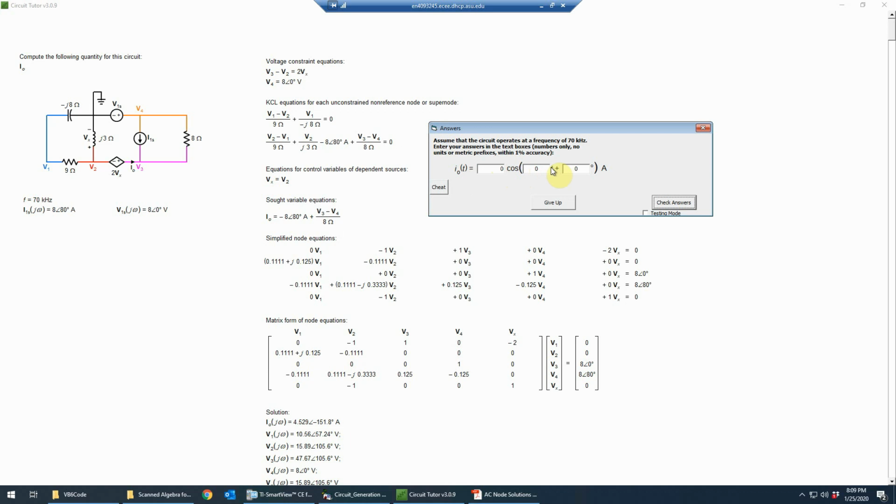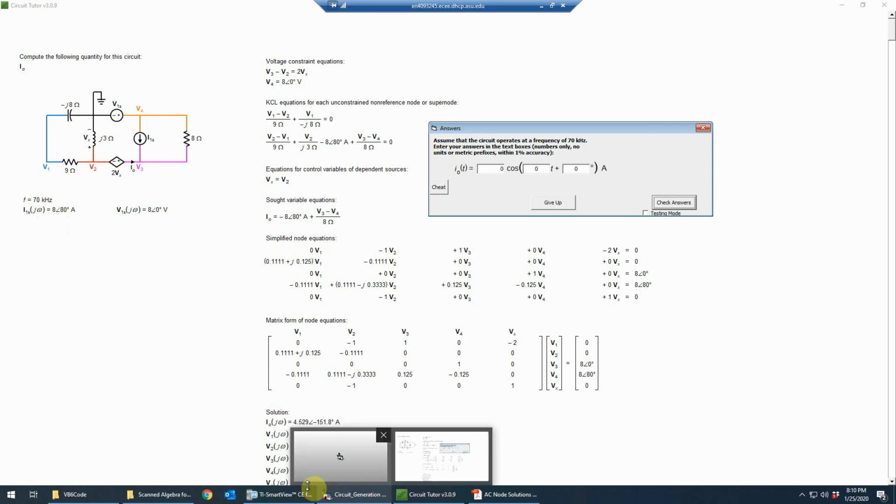And the coefficient of the t, by all definition, is always omega. So this is not omega, it's f. And so we have to convert this to omega, and you have to remember that omega is 2 pi f, right? Because there's 2 pi radians in a single cycle, and f is the cycle frequency, or it's the number of cycles per second. That's what a hertz means here. And it's 70,000. So basically, that would be 140 pi times 1,000.